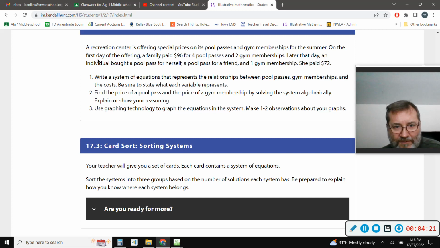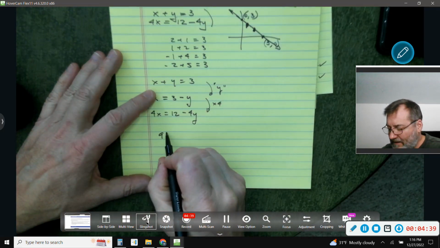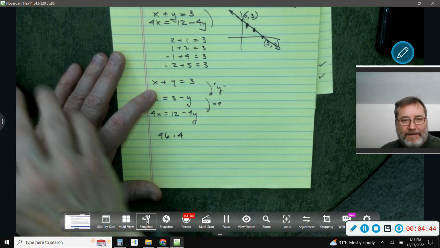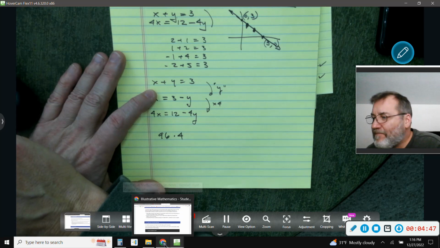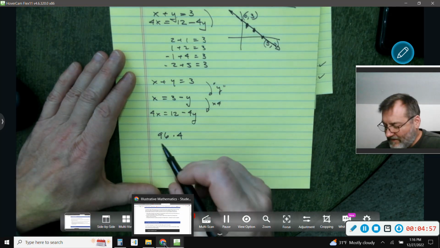Okay, so we can go through this. It's pretty basic here. So let's just read this in. On the first day of the offering, a family paid $96 for 4 pool passes and 2 gym memberships.